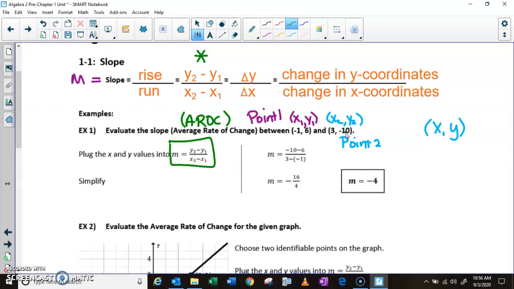And notice when we substitute in -1, it's a negative number, so it should go in parentheses. Now we're going to simplify our numerator. -10 minus 6 is -16. Our denominator, 3 minus -1: minus the negative makes a plus, so 3 plus 1 is 4. And now we simplify -16 over 4, and that would be -4.